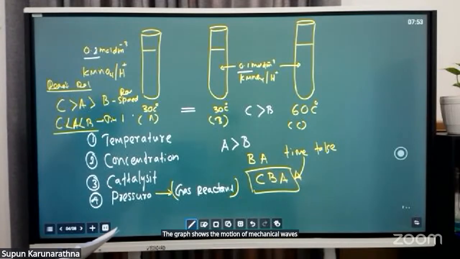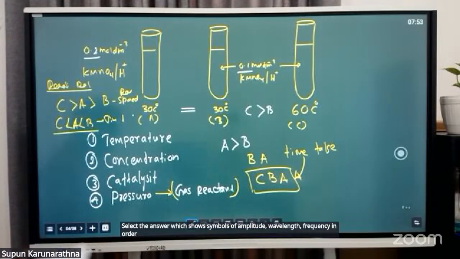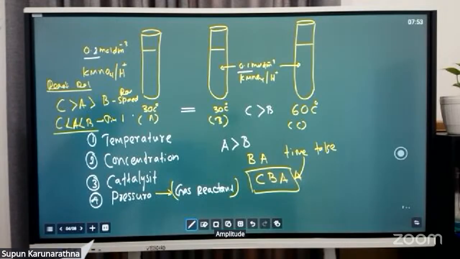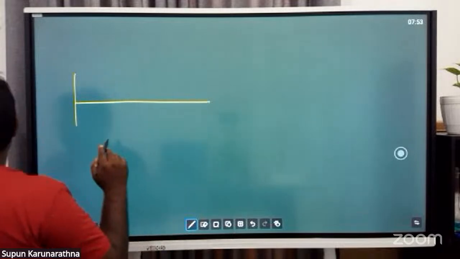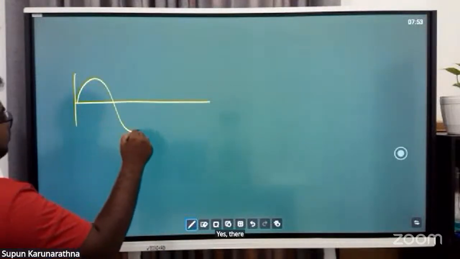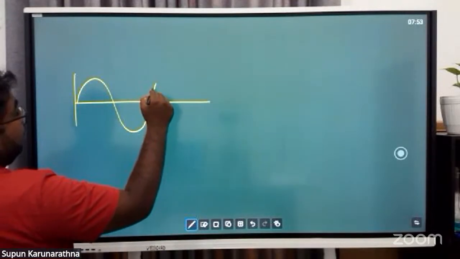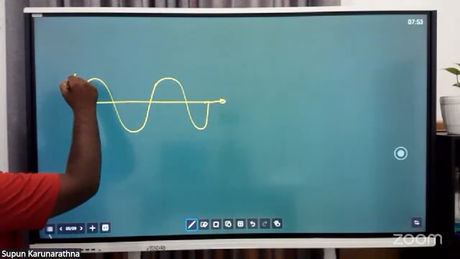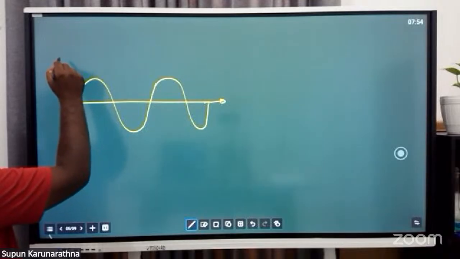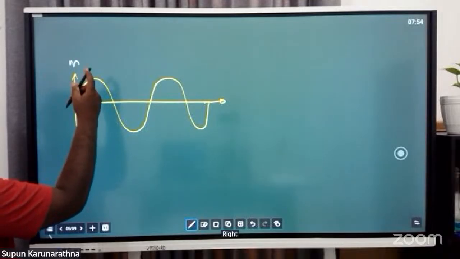Select the answer which shows the symbols of amplitude, wavelength, frequency in order. Amplitude. What is the amplitude in this, children?